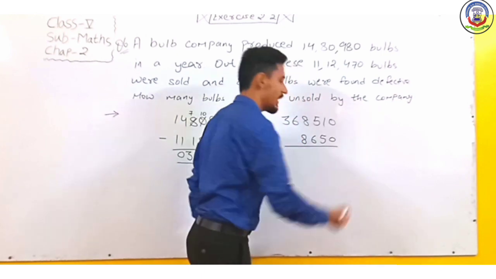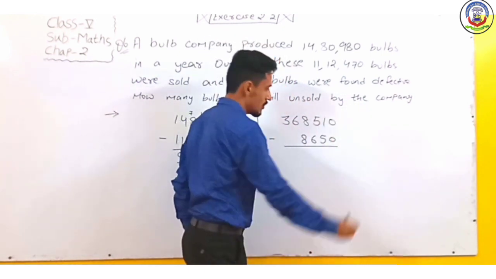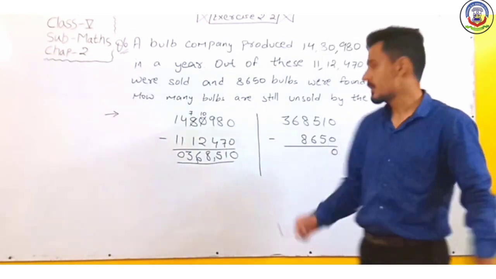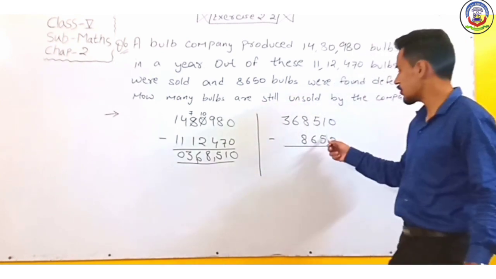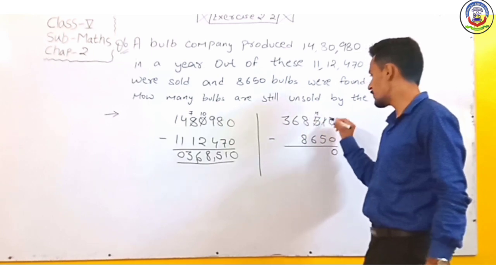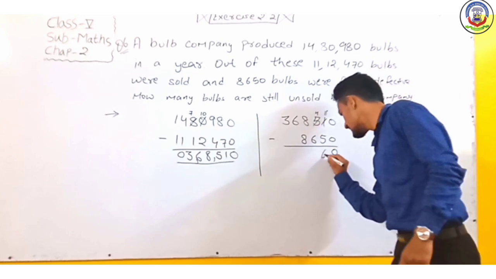So again we start from rightmost. At rightmost we have 0, subtract 0, so we will write 0. Next we have 1, subtract 5, so we borrow from another, it becomes 4, it becomes 11. Next 11 minus 5, that is 6.